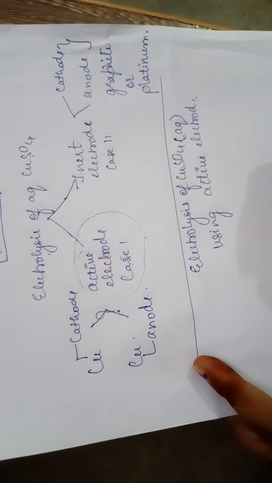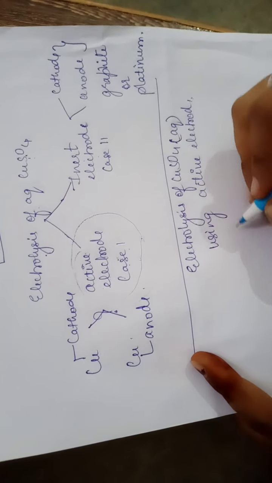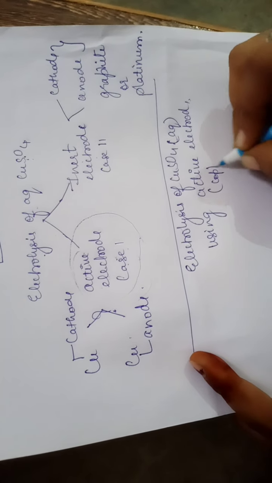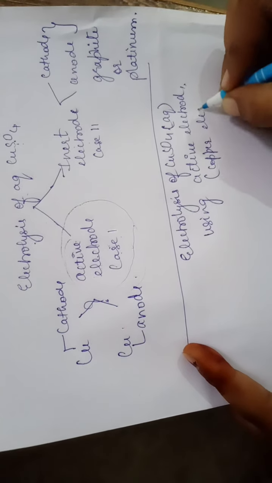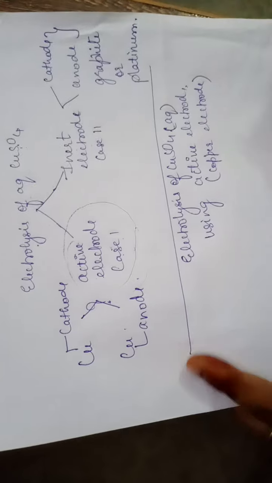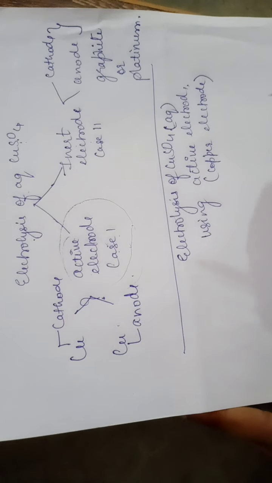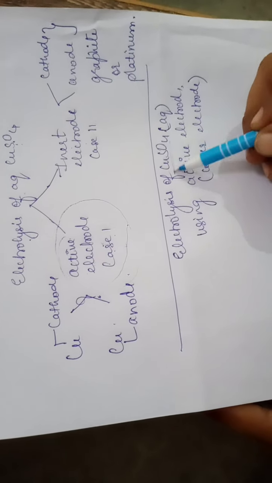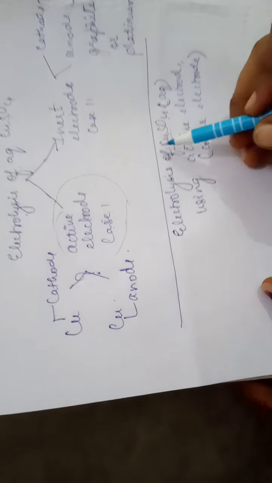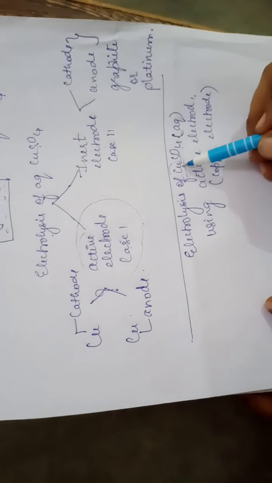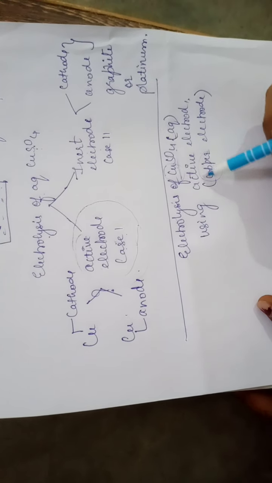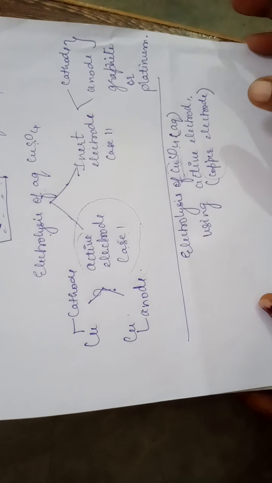Now what type of active electrode are we going to use? We are going to use copper electrode, made up of the same material. Children, in this we need to remember, whatever chemical compound we are using as the electrolyte, I am using copper here, so the electrode will also be of copper only.